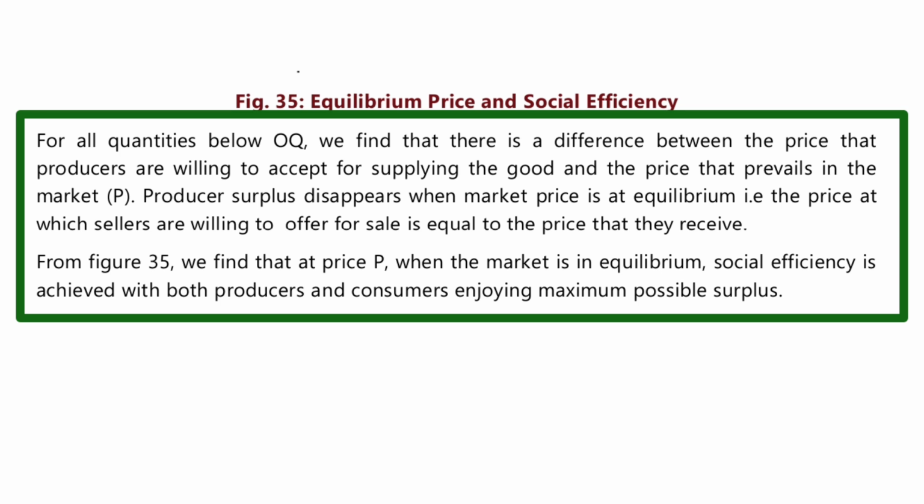The triangle made by OP with the intersecting point shows the producer surplus, and the triangle made by PY with the intersecting point shows the consumer surplus. That is, they enjoy the maximum possible surplus there.